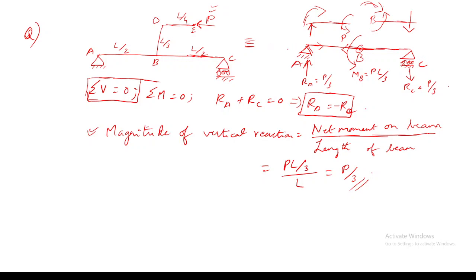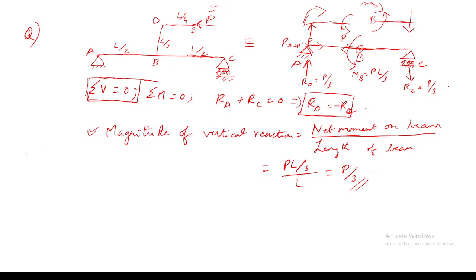No, sir. For example, at point A, will you have any horizontal reaction? Yes. So RAH, the magnitude of this, will be P. Here we won't have any horizontal reaction since this is a roller support.